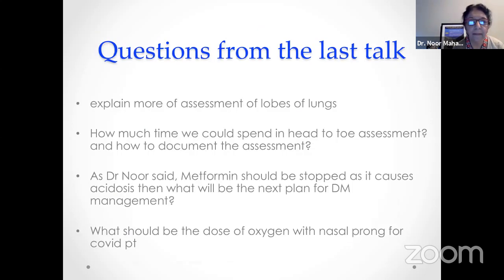Next slide, please. Okay. And how much time do we spend in head-to-toe assessment and how to document the assessment? Well, the documentation depends on your hospital. Different hospitals have different forms that they fill out. We can show you a sample form.